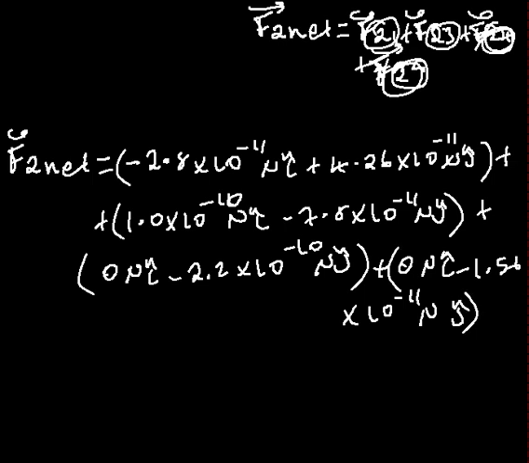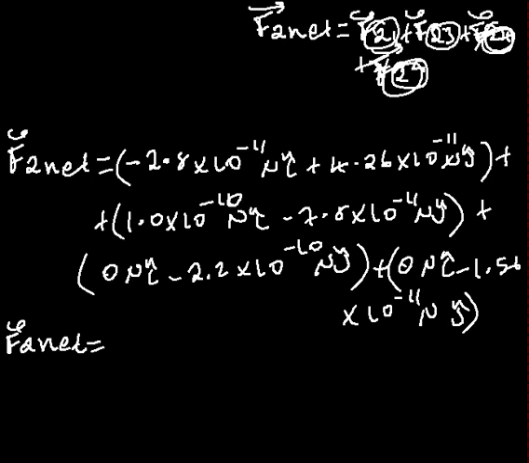And from there, we combine all the x components, which gives F2 net. What is the summation of the x components? That is negative 2.8 times 10 to the power negative 11, and we just add these.